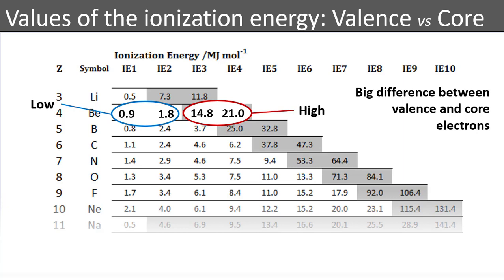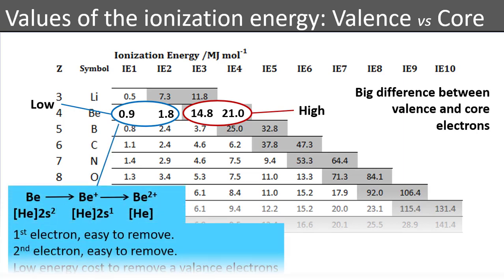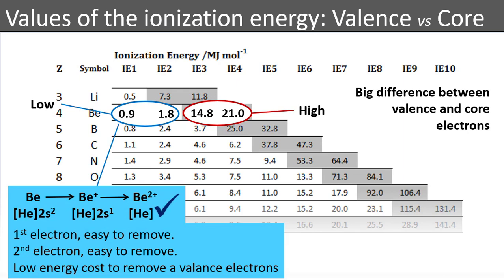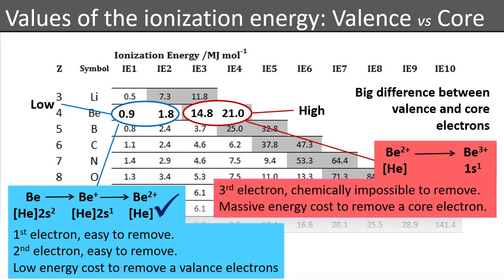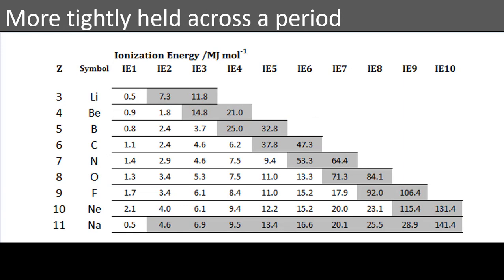Too high. We will never ever see a beryllium 3+ cation in any compound. We only ever see the removal of the first 2 electrons, which cost a total of 2.7 megajoules per mole. In this period, that's it for cations. We don't see a boron 3+, boron bonds with very significant covalency.